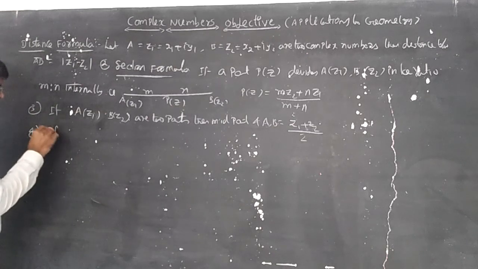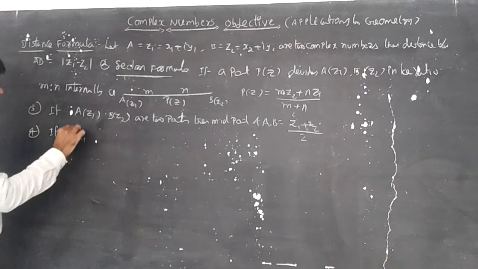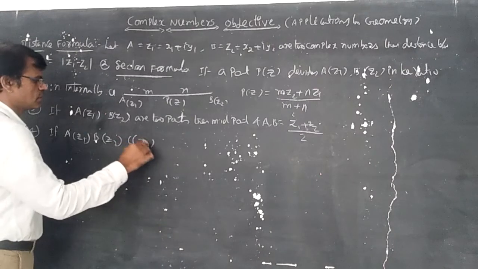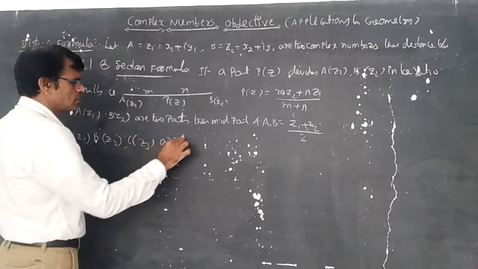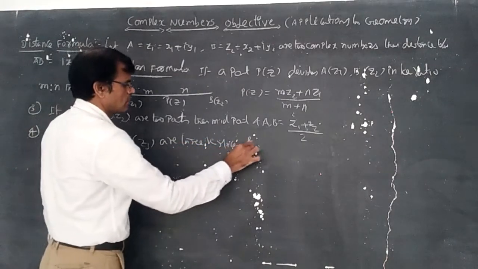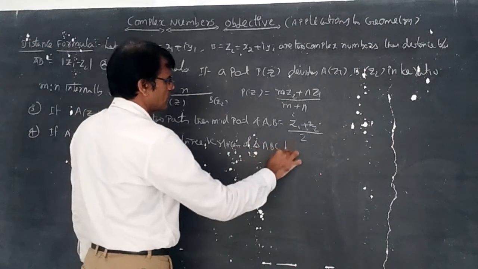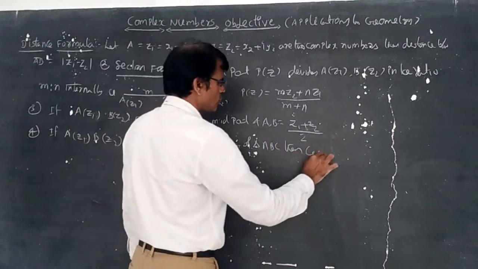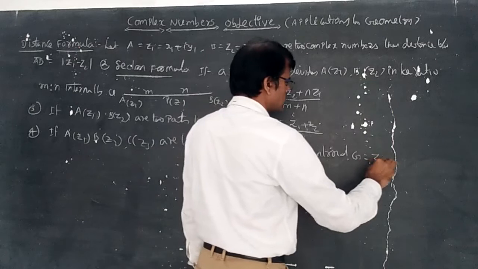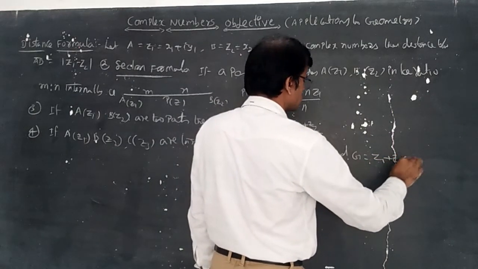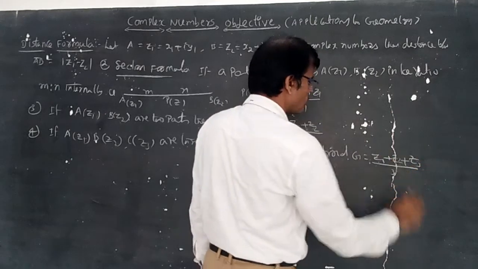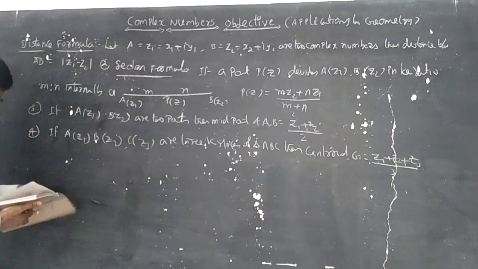If A(Z1), B(Z2), C(Z3) are the 3 vertices of triangle ABC, then the centroid G is equal to (Z1 plus Z2 plus Z3) whole by 3. This is the centroid.